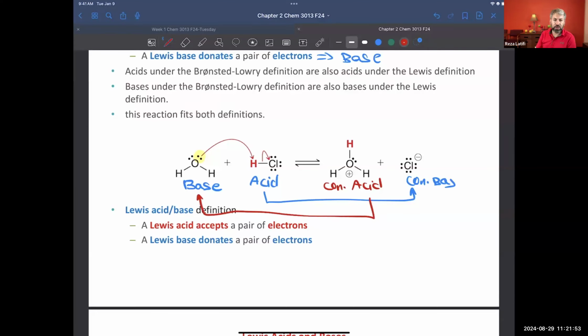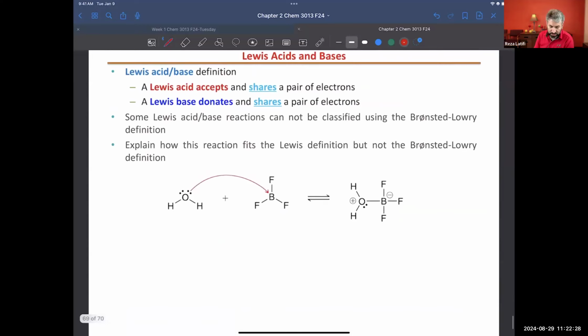Now, if we are talking about Lewis acids and bases, H plus does not have electrons. It is accepting electrons, so I'm going to call it the Lewis acid, and this is going to be the Lewis base. The one that's donating a lone pair is the Lewis base, and the one that's accepting a lone pair is the Lewis acid.